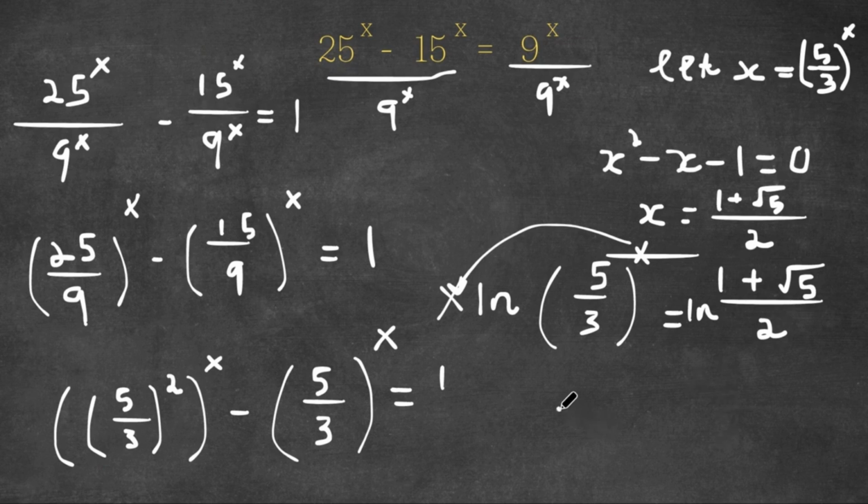And now this can be written as x is equal to, well, for ln, we could write ln of 1 plus the square root of 5 over 2 as ln of 1 plus the square root of 5 minus ln 2, because when you're subtracting natural logs, or even normal logarithms, you simply divide them.